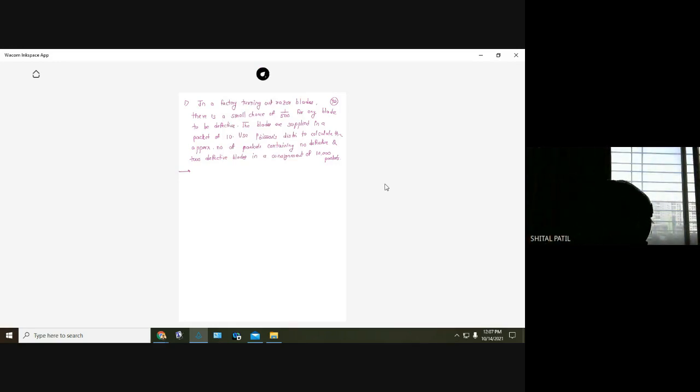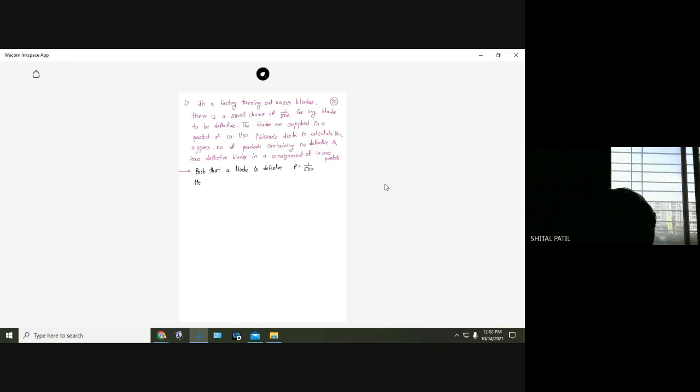Solution. So we have to find n and p. Probability that a blade is defective, so we are finding it for a single blade. What is the probability that a blade is defective? 1 upon 500. Now how many blades are there? What is n here?